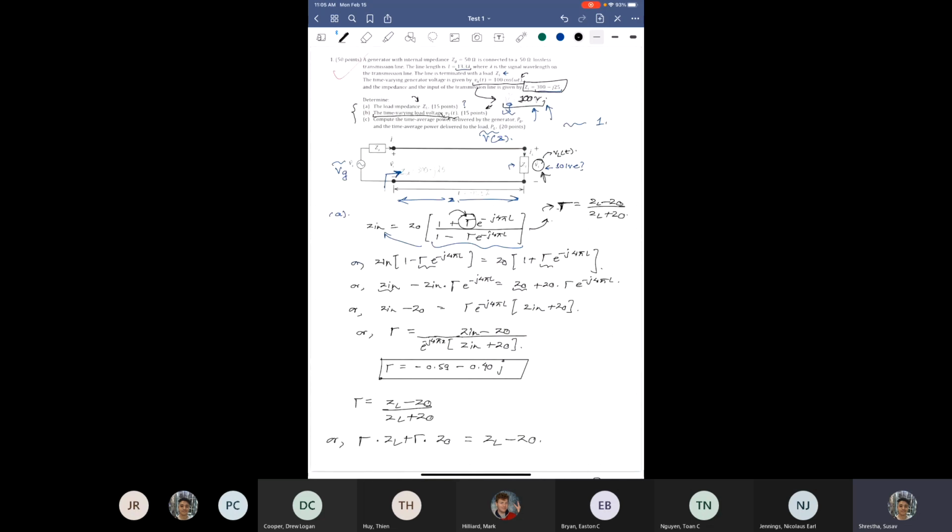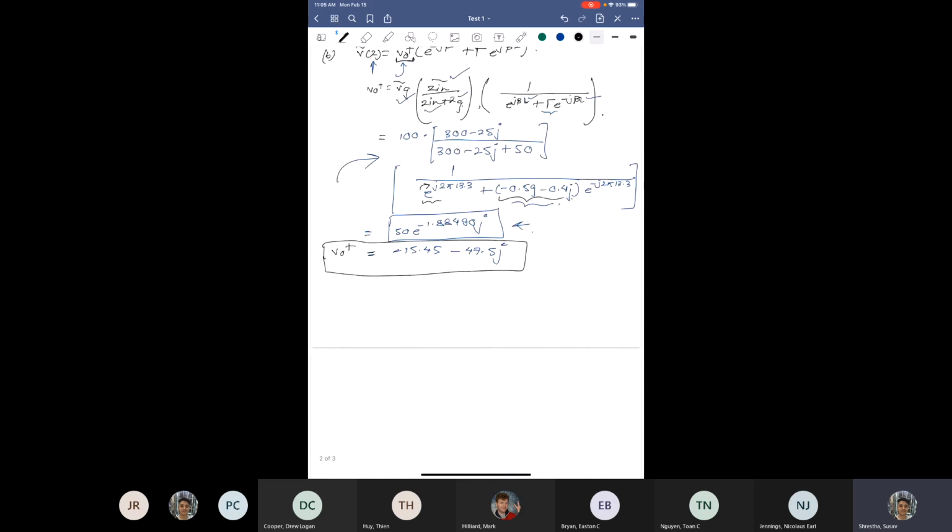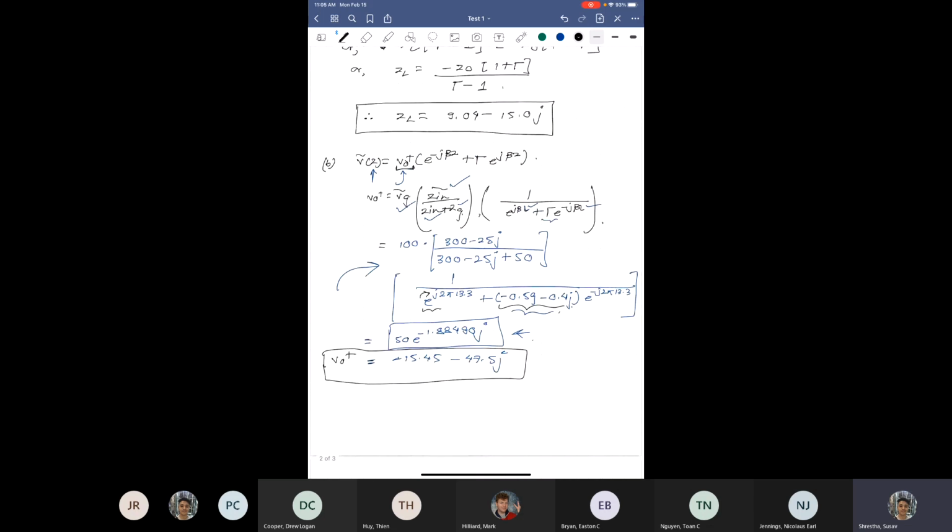We have a transmission line, we have a load, we calculated the load impedance from the input impedance in the first problem, and now we are solving for the time varying voltage at the load. And we managed to calculate the V0 plus, right? Now what do we do? How do we actually calculate the load voltage?